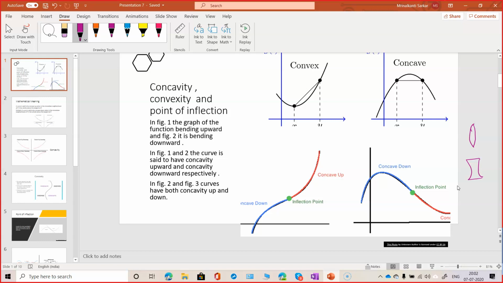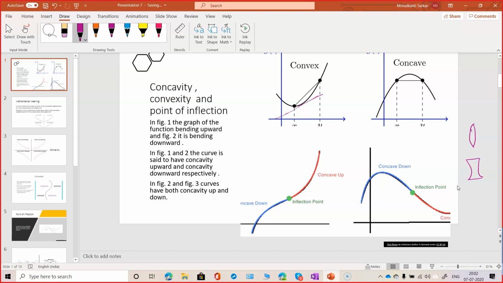Now it is obvious in this graph, in this region, if it is concave upward, and we want to draw a tangent to this curve at this point, you all can see that the tangent will have positive slope only.